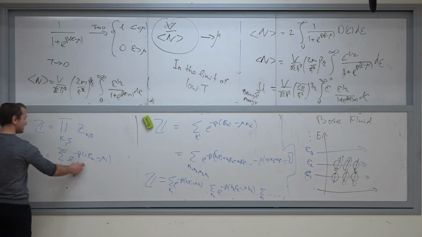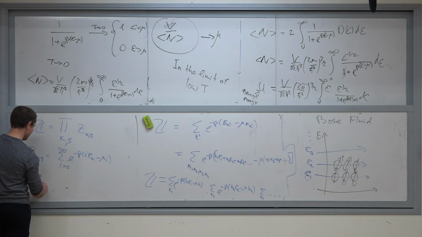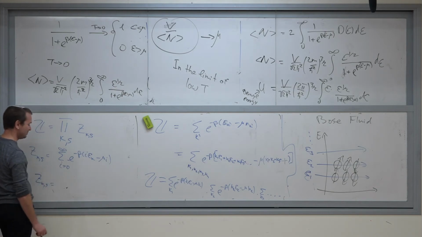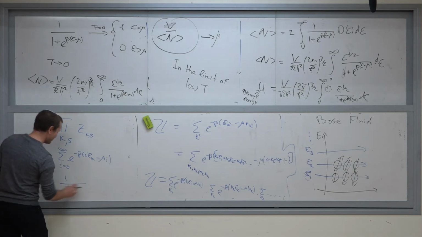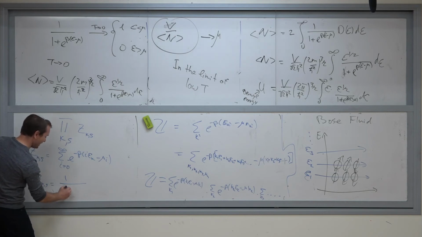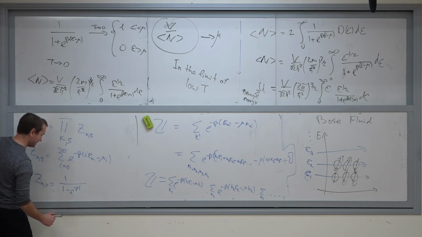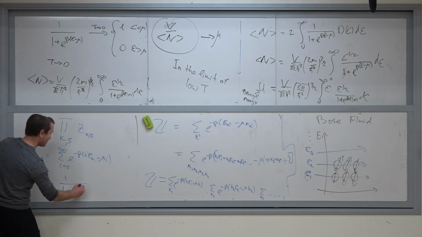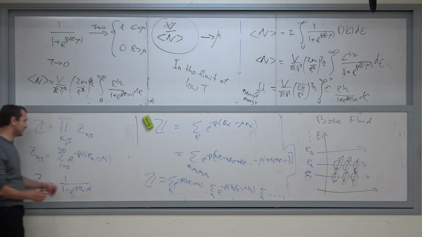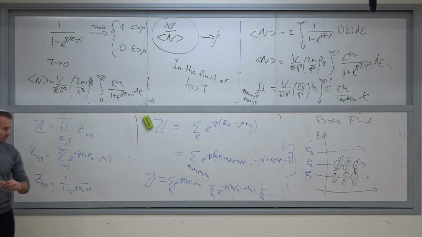What is the sum Z_kS? It's just 1 over 1 minus e to the power minus beta epsilon k minus mu. It's a geometric summation.